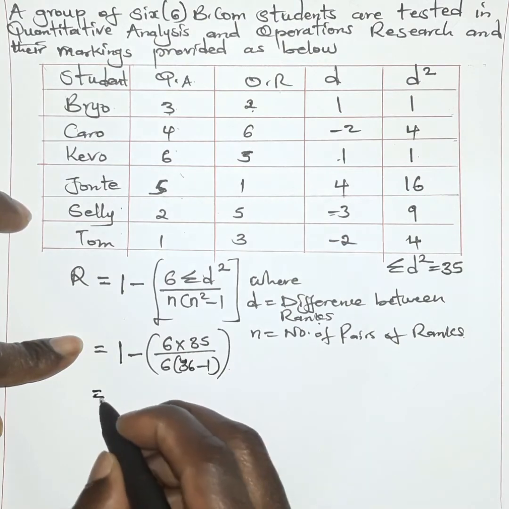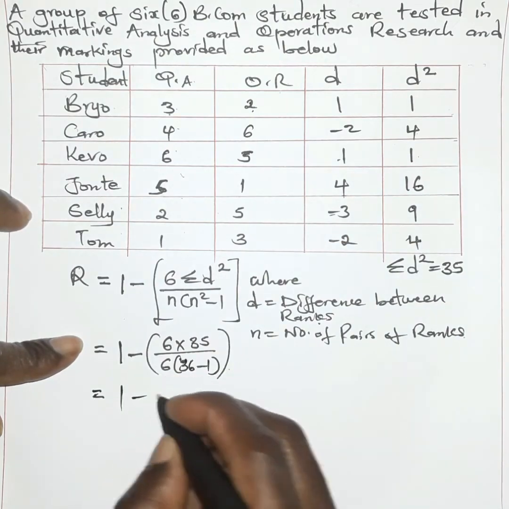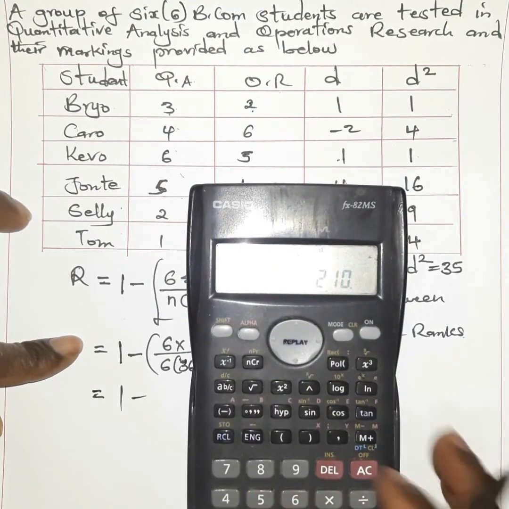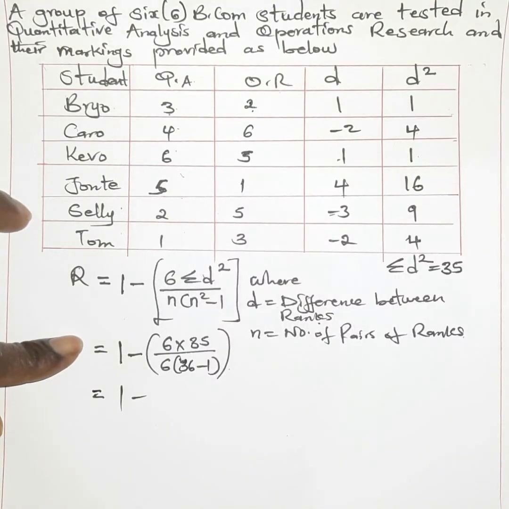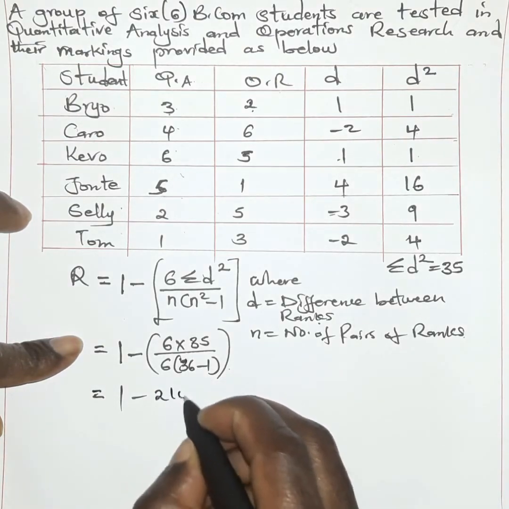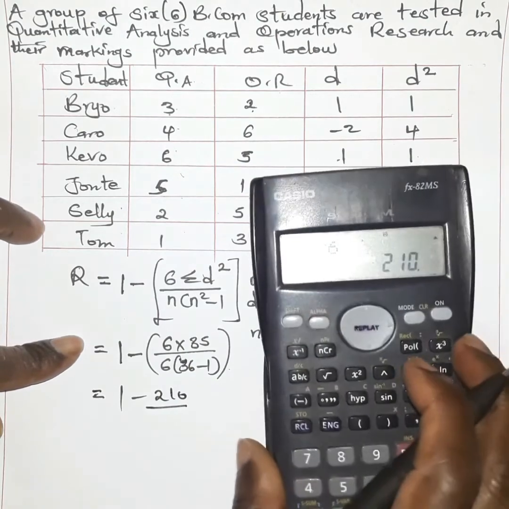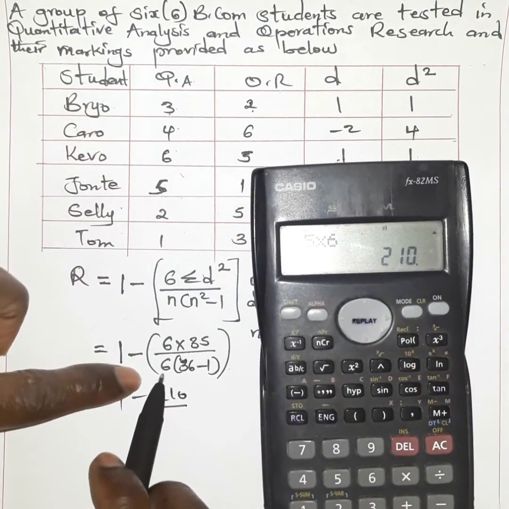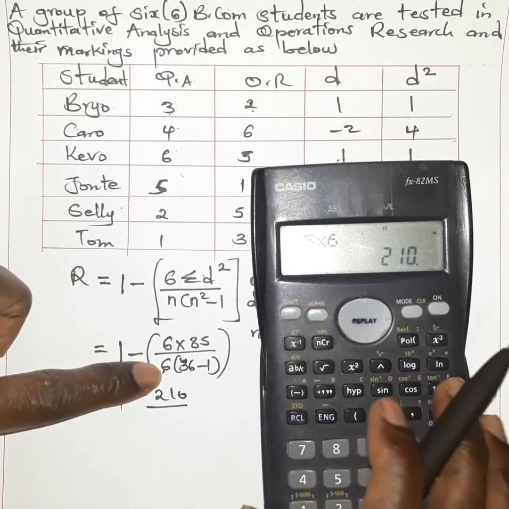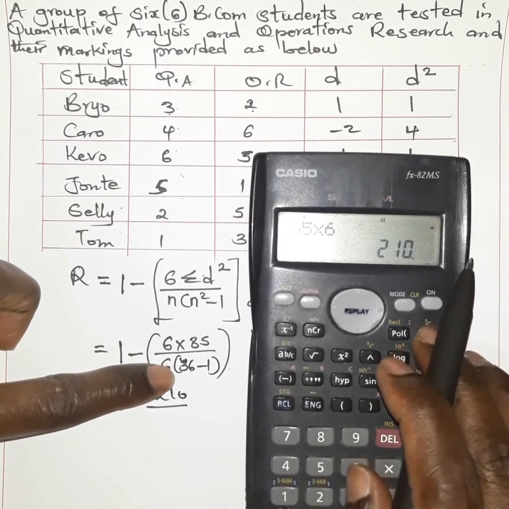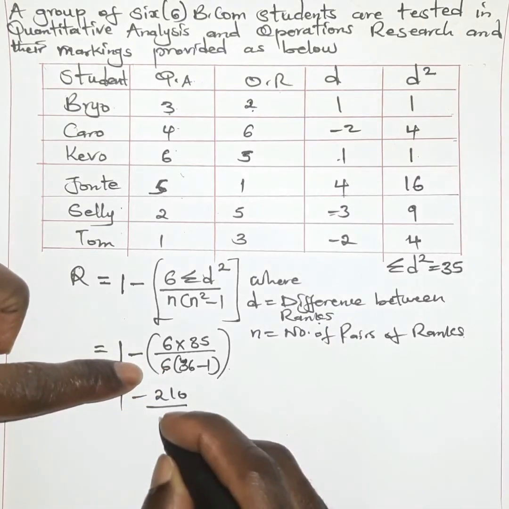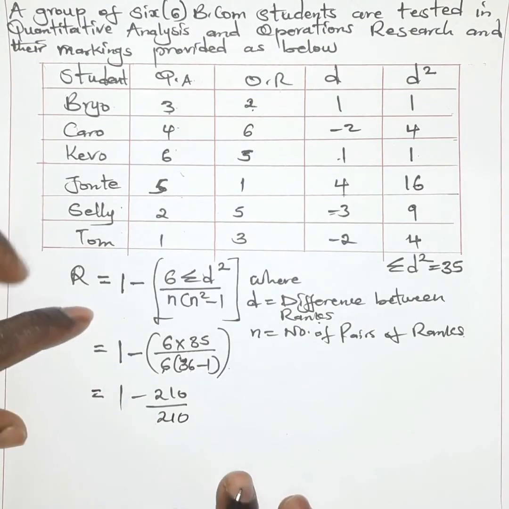That is the same as 1 minus 210 divided by 6 times 35, which is again 210.